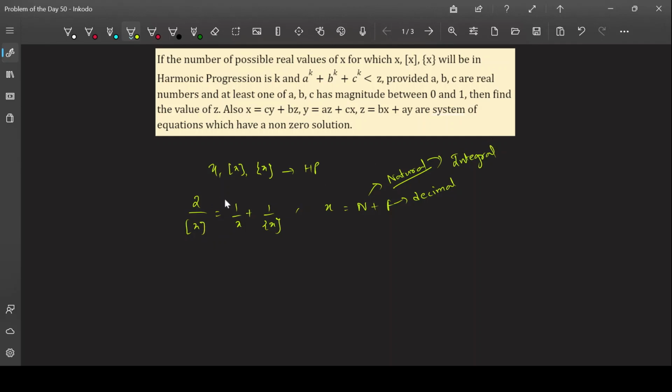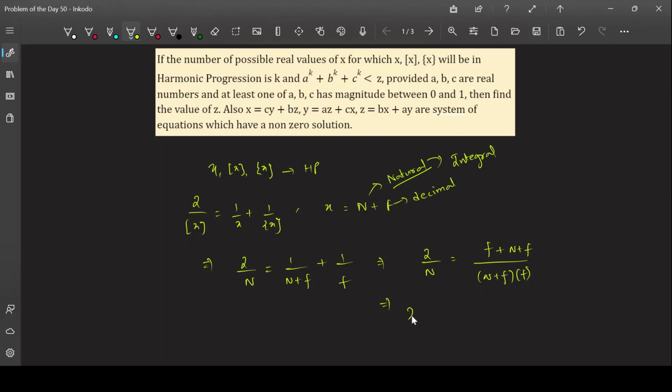So we can write this as 2 by floor of (n plus f), that would be n itself, the integral part, is equal to 1 by (n plus f) plus 1 by the fractional part of x, that is f. So 2 by n is equal to, taking the LCM and solving, (f plus n plus f) over (n plus f) times f.